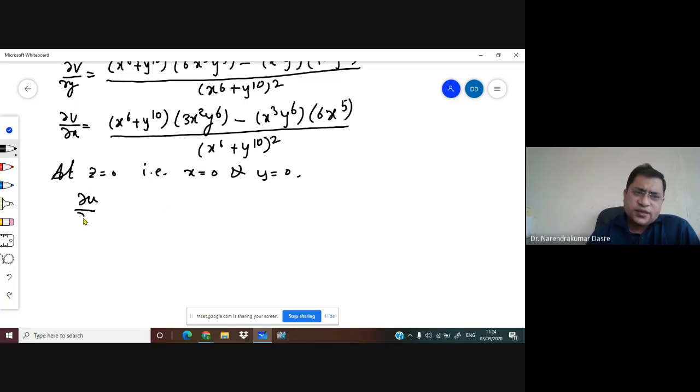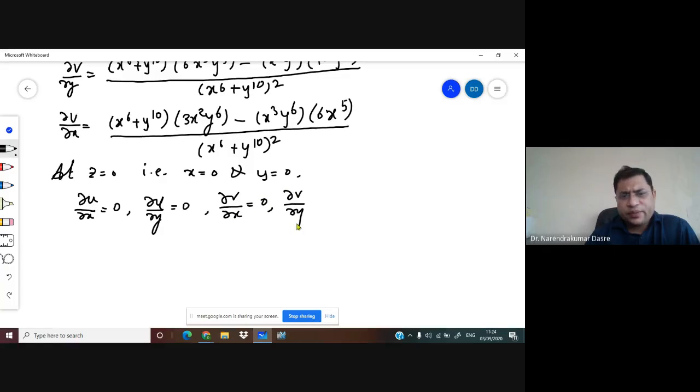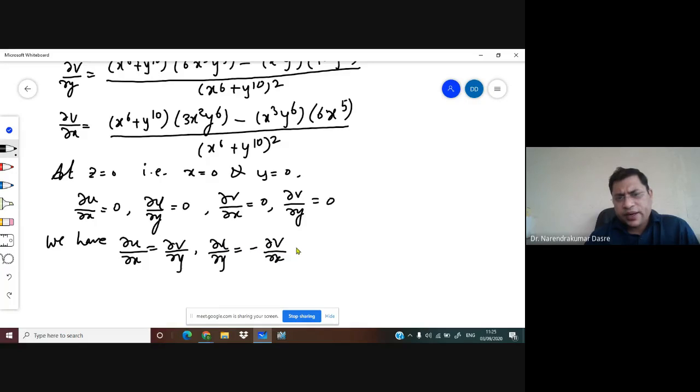So what you get is ∂u/∂x is equal to 0, ∂u/∂y is equal to 0, ∂v/∂x is equal to 0, ∂v/∂y is equal to 0. So now see, hence we have ∂u/∂x is equal to ∂v/∂y, and ∂u/∂y is equal to minus ∂v/∂x.